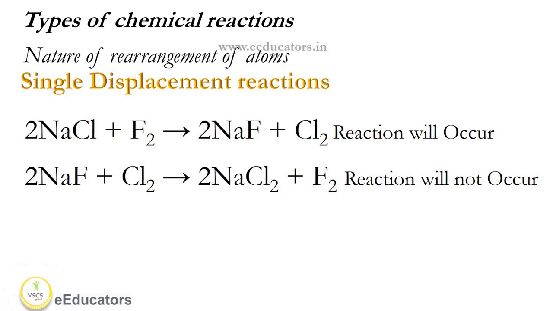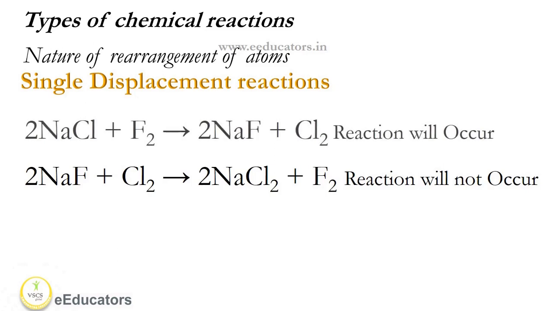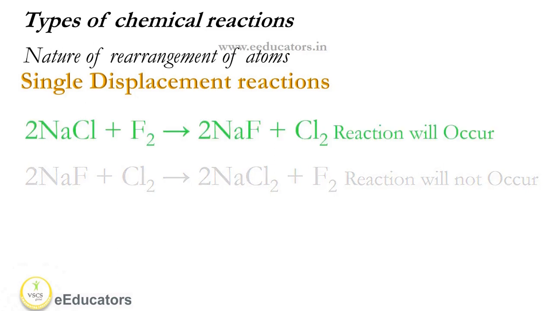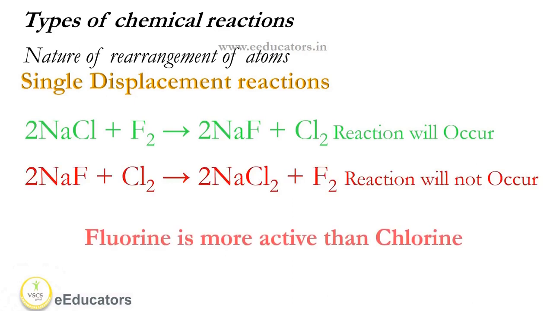In the first reaction, fluorine displaces the chlorine from sodium chloride and forms sodium fluoride and chlorine. Whereas in the second reaction, chlorine displaces the fluorine from sodium fluoride. But this reaction won't occur, since fluorine is more active than chlorine. Also, it occupies an upper position in the periodic table.